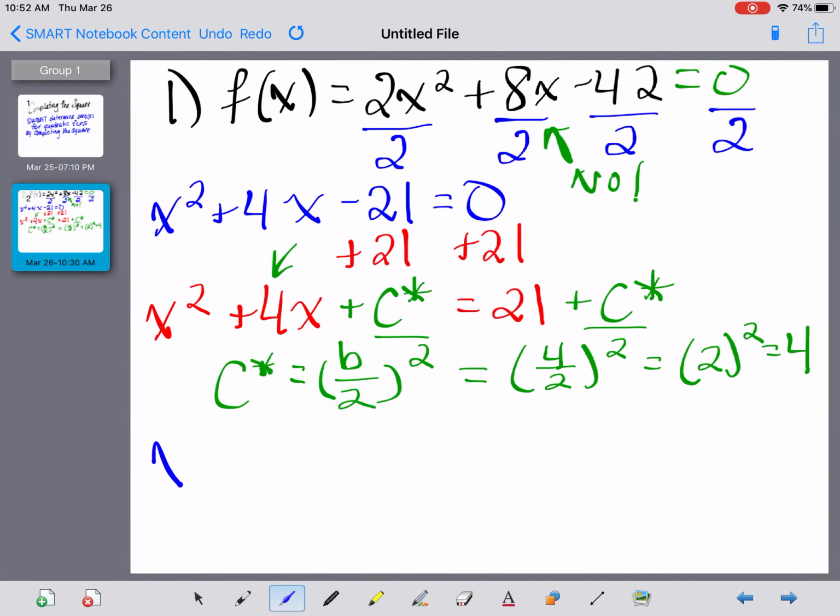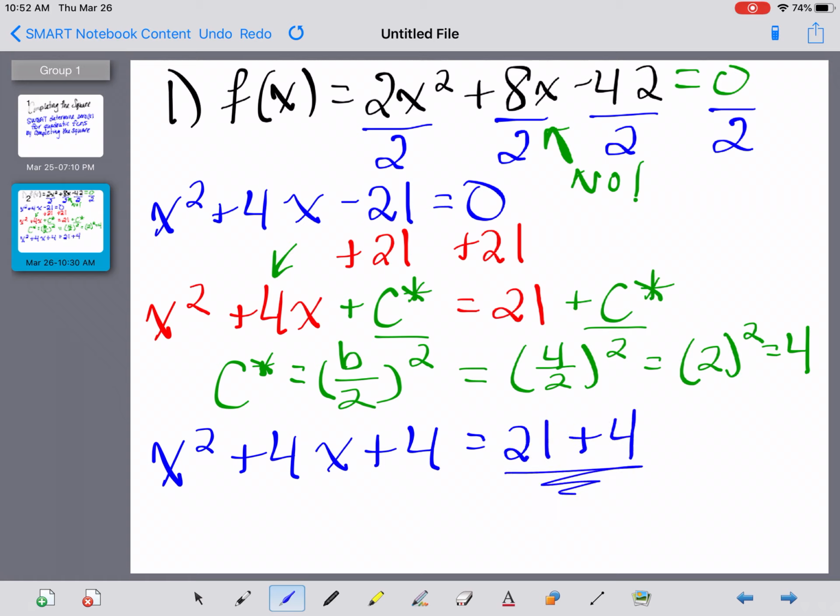So I get x squared plus 4x plus 4 equals 21 plus 4. And any time that you see just two numbers next to each other, you can always combine those, and I recommend doing that. In fact, I think it's my next step on my note sheet. So that gives us x squared plus 4x plus 4 equals 25.